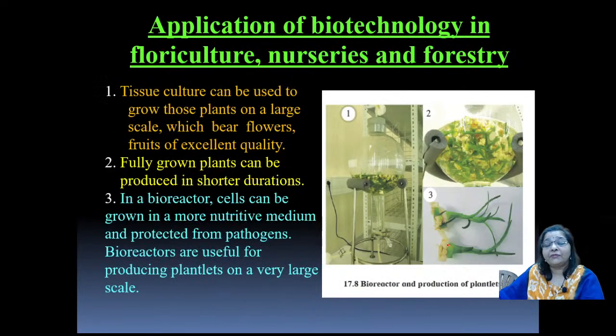The tissue culture can be actually used for growth of plants on a large scale, which bear beautiful flowers and fruits of excellent quality. Now, fully grown plants can be produced in a short duration also.